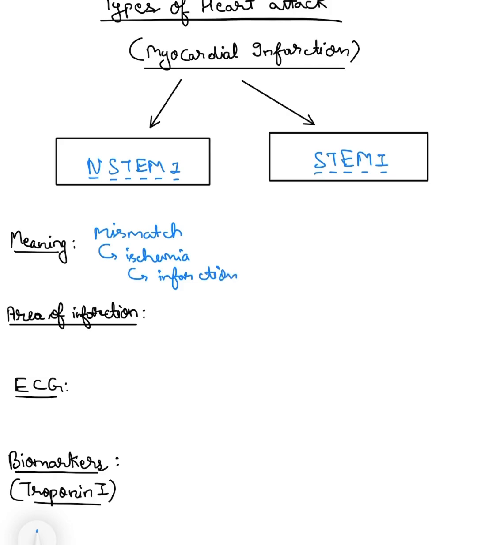Now, a similar pathophysiology is seen in STEMI also. So what is the difference? The main difference is in NSTEMI, the area of occlusion is less, whereas in STEMI, the area that is infarcted in the cardiac tissue is more.